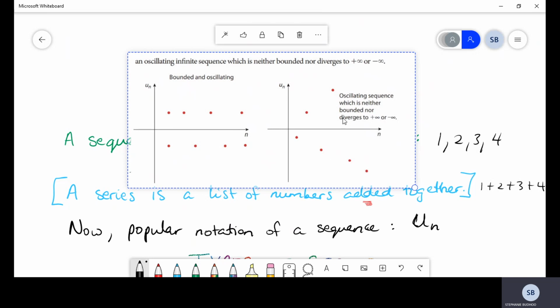All right, and the second type of oscillating sequences is oscillating sequence that is infinite. It is neither bounded nor does it diverge to positive or negative infinity. What do I mean by this? Well, this oscillating sequence, it's bounded because it maintains a strict shape even as the values of n increase, right?